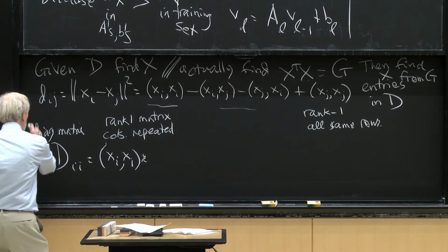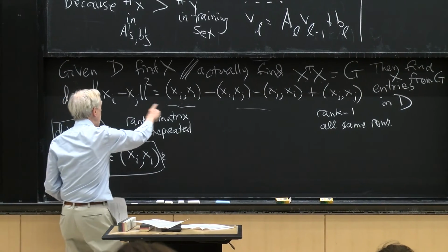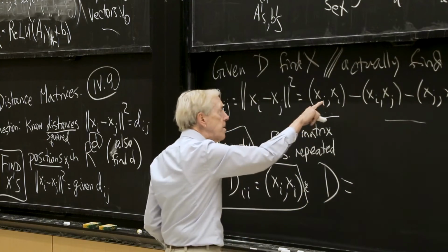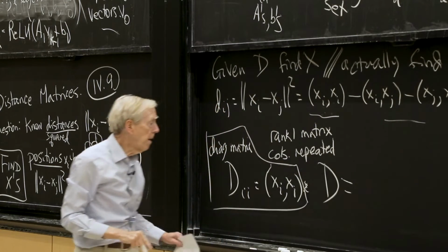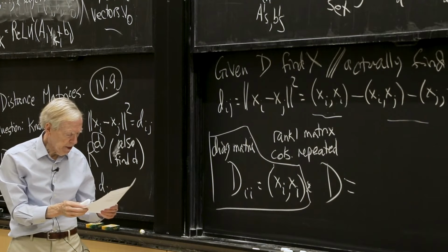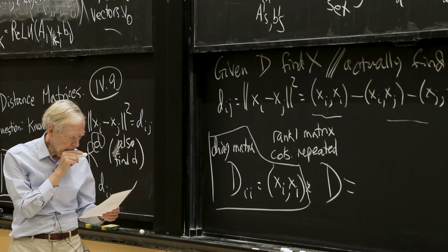I'm introducing that notation because this is now going to tell me that my D matrix is, so what is that? This is the diagonal matrix. Maybe it's just a vector, I should say.